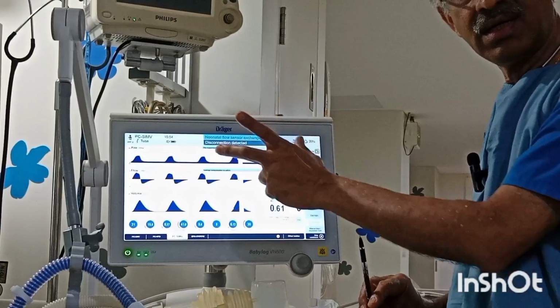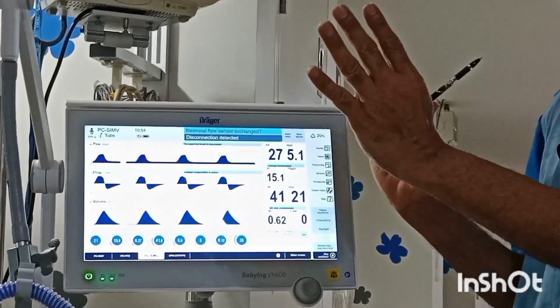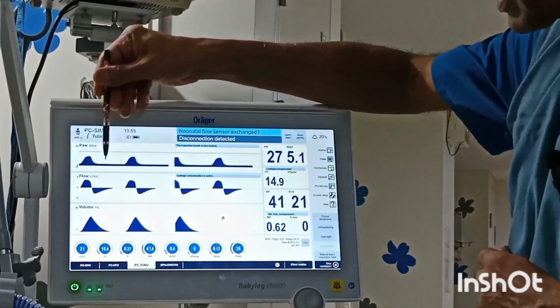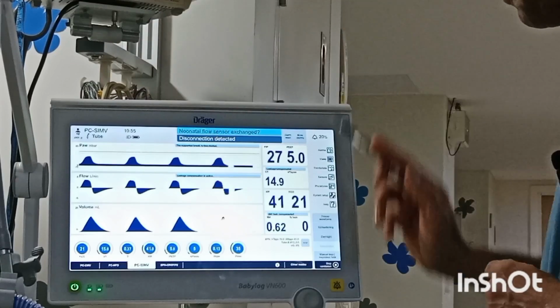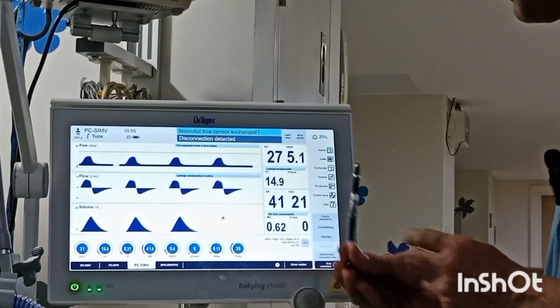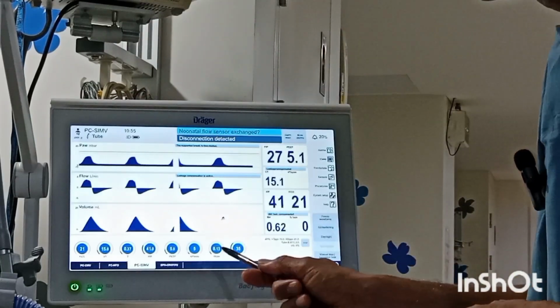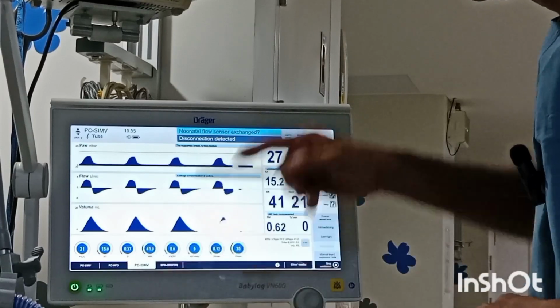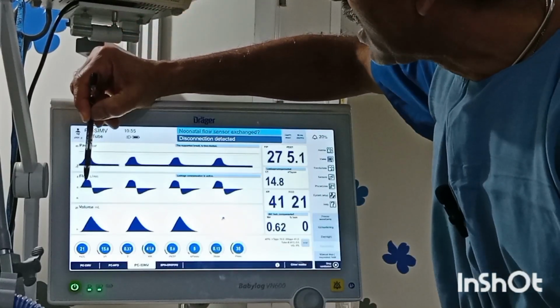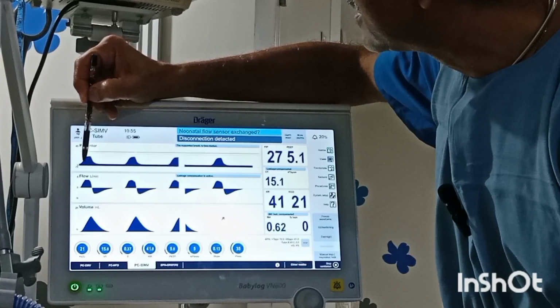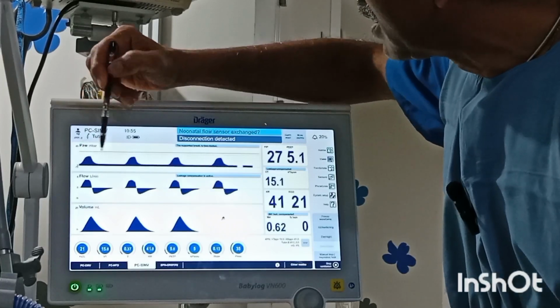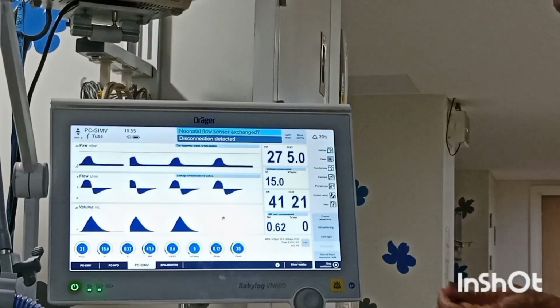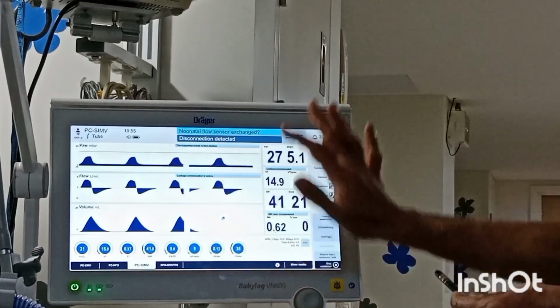So 41 for 1 minute, isn't it? So that you can also calculate on this graph. The other important thing is that the I time and E time can also be detected. If you look at this Ti, this becomes the I time here, and that's how the I time and E time can be calculated. Are you clear about this?